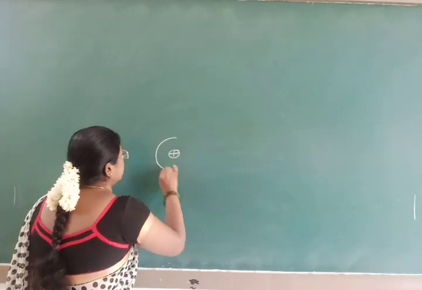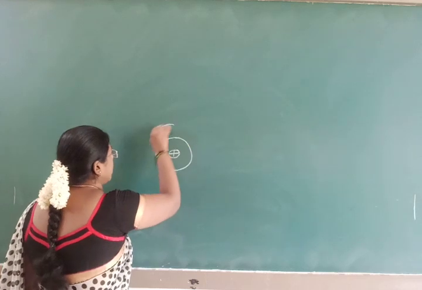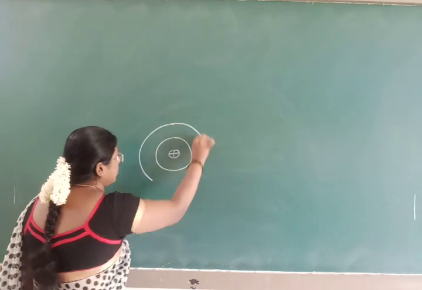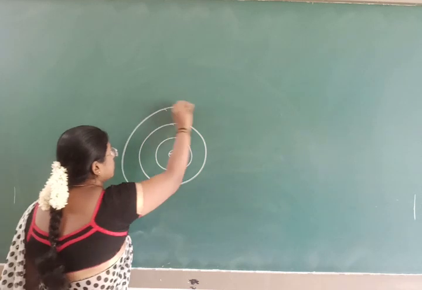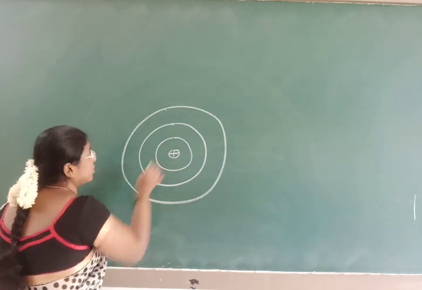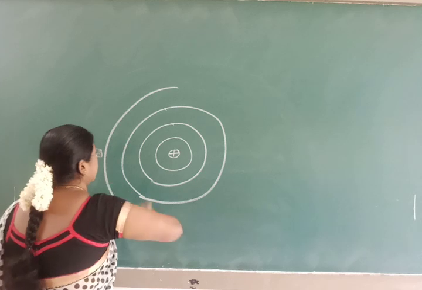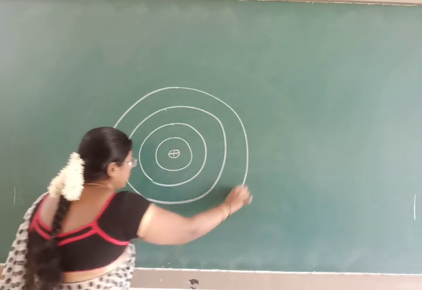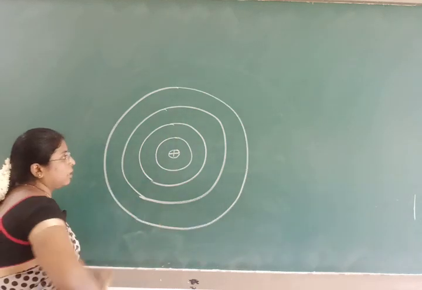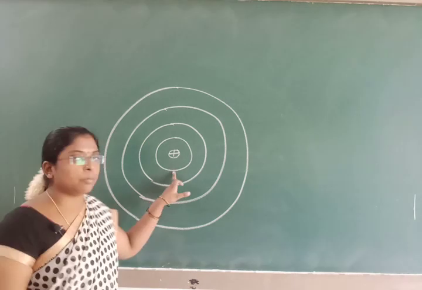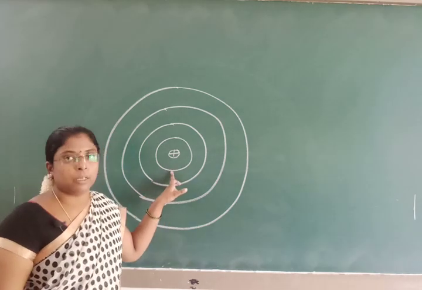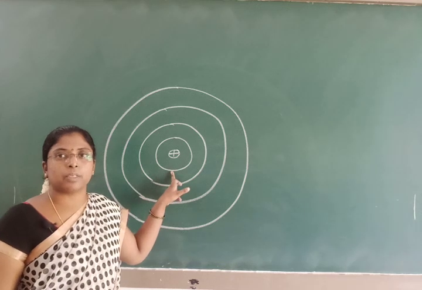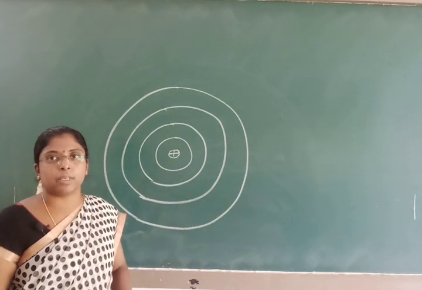Around this nucleus there are shells, also known as orbits. Orbits are nothing but the paths traveled by the electrons. These are known as orbits or shells.